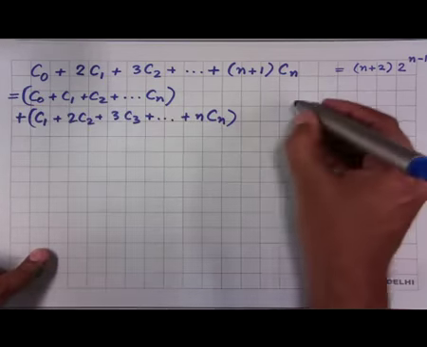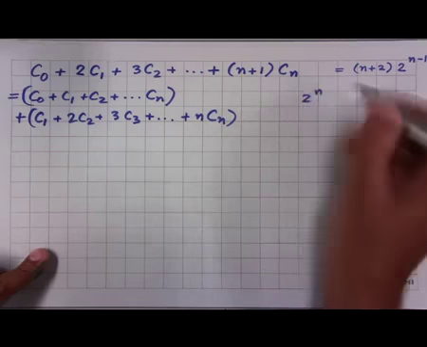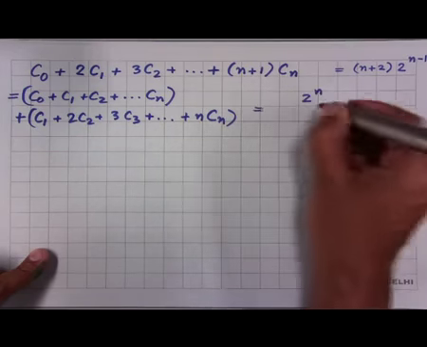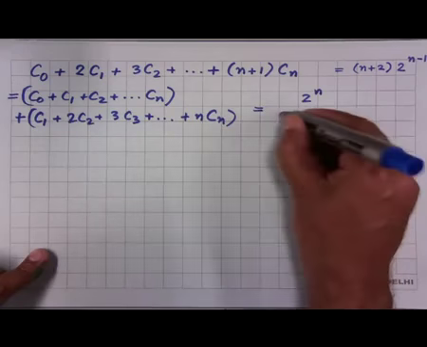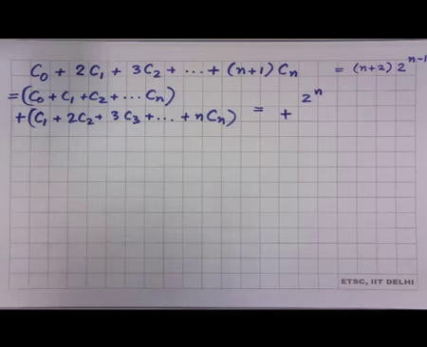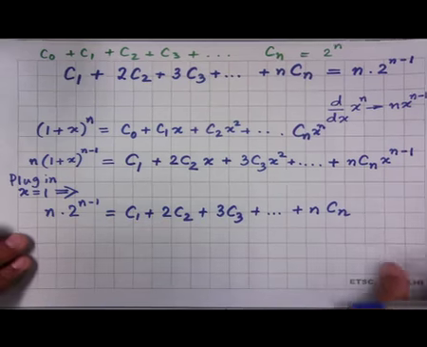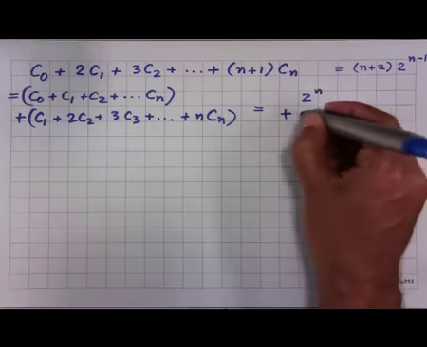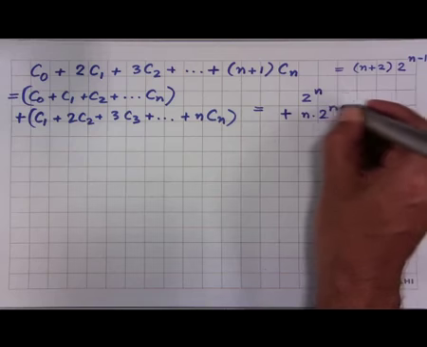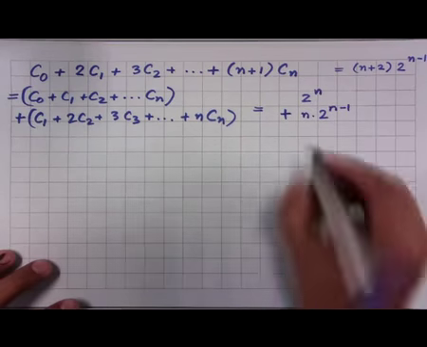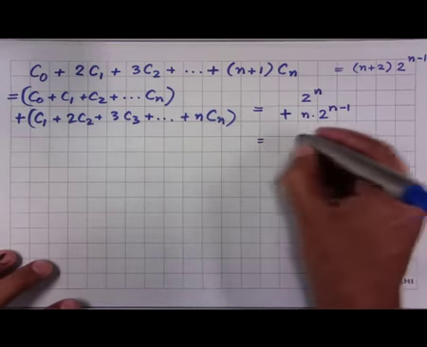The first one was 2 power n, and the second one was just what we computed just now. And there you go.